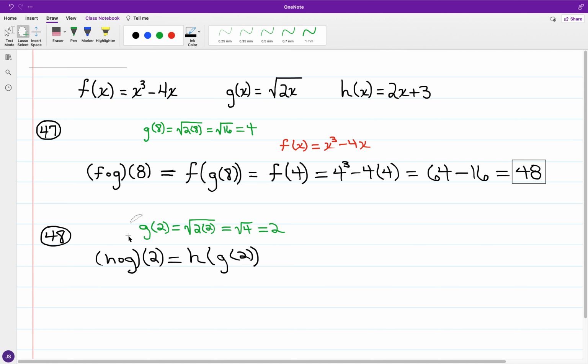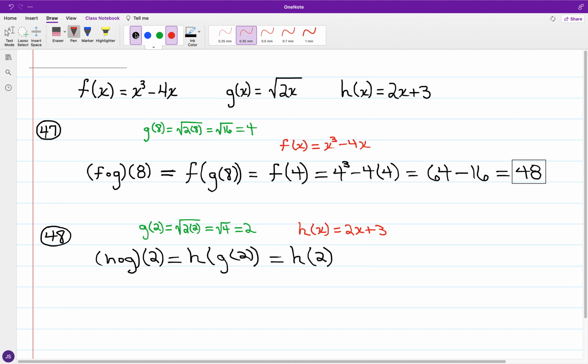Just taking what we have and following through, for h of g of 2, we have h of 2. For the h function, this time h is a linear function, where h of the input is equal to 2 times the input followed by the addition of 3.